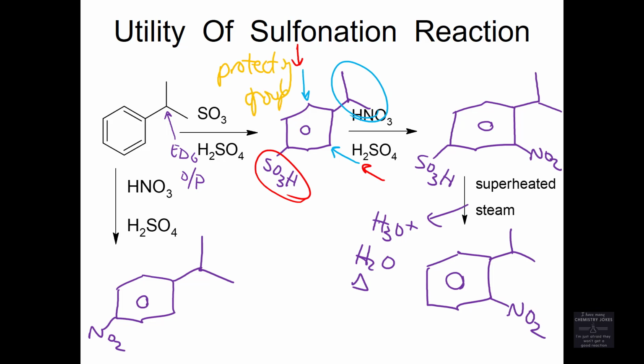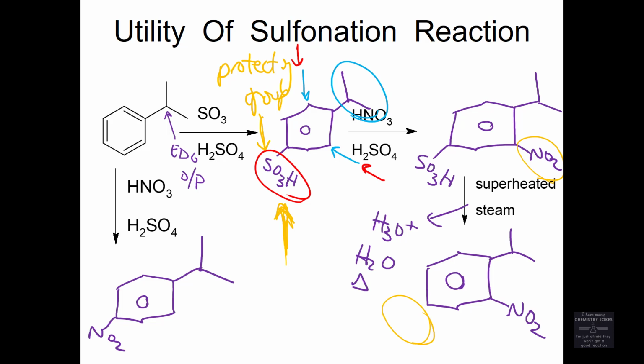We're going to talk several times about protecting groups, but what happened was the sulfonic acid here is a protecting group, because if you tried to directly nitrate, the nitration would go on the para. But you sulfonate to protect that para spot from reacting, to occupy that para spot temporarily. Then you put on your nitro group.